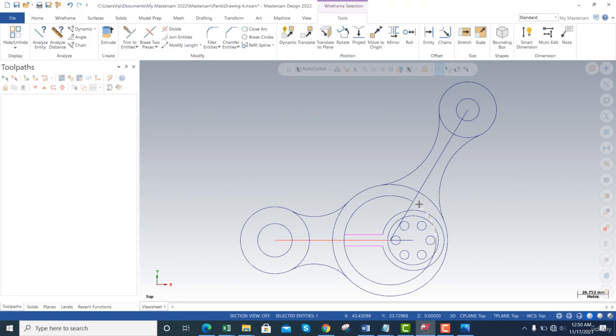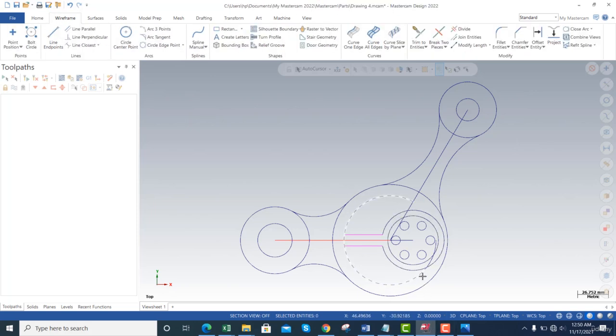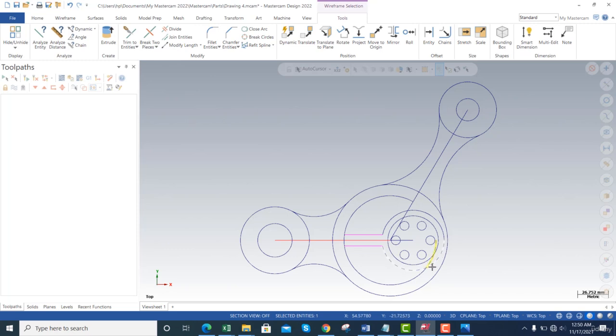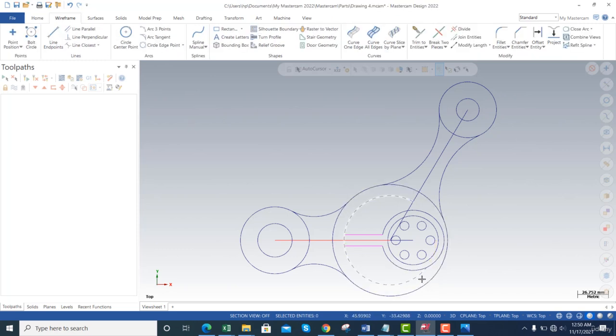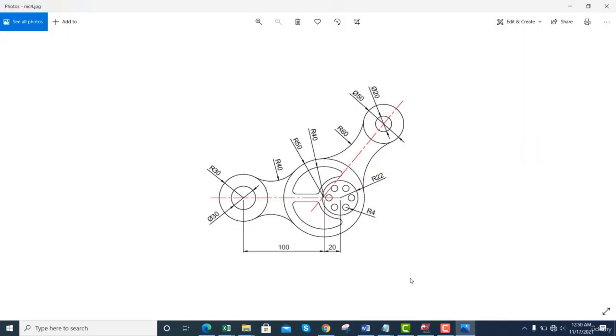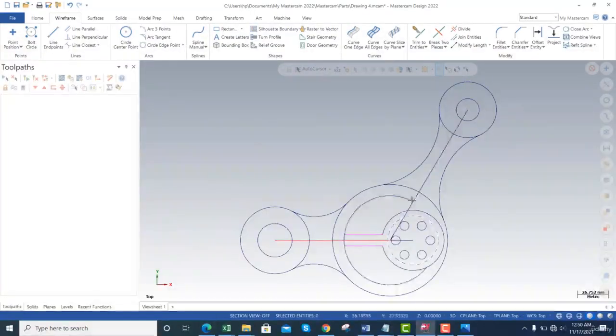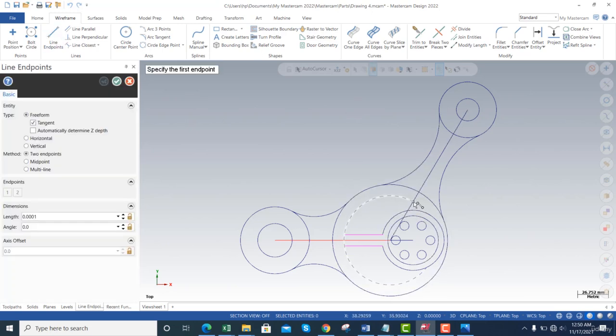So now I will delete this and this. Actually it is vertical, so I will draw a line.